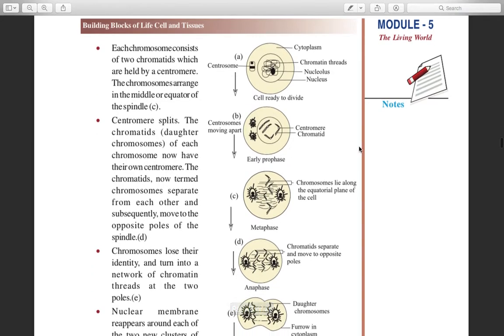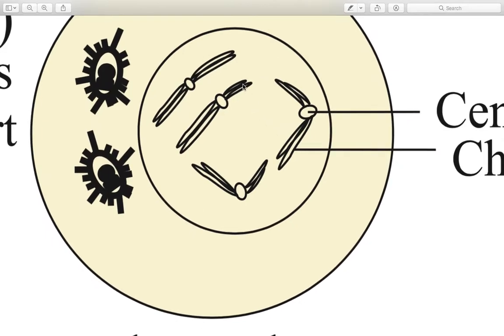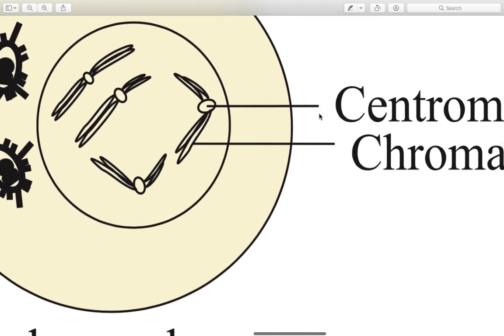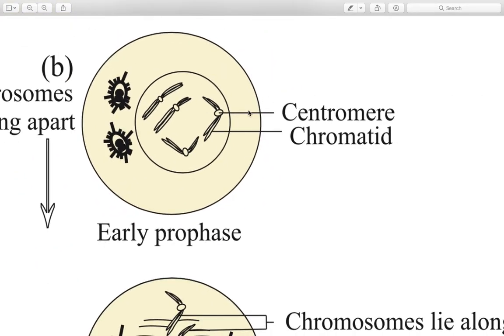Then each chromosome consists of two chromatids which are held by a centromere. Now we talk about chromosomes. A chromosome looks like this, and this is called the centromere, which holds two chromatids. One arm of the chromosome is called a chromatid. So two chromatids joined by a centromere is what is called a chromosome.